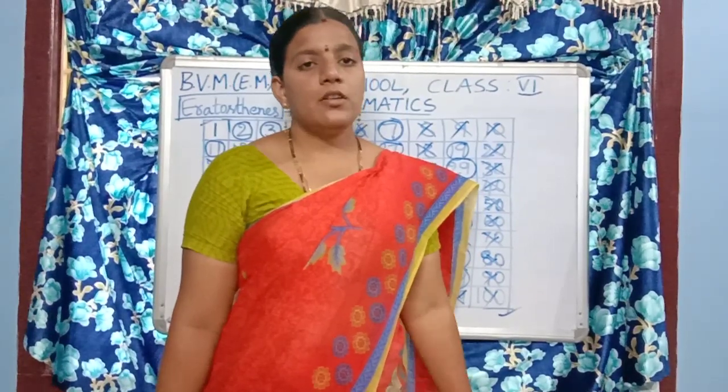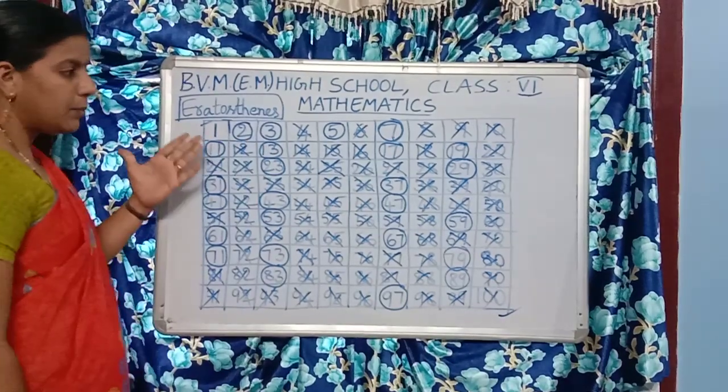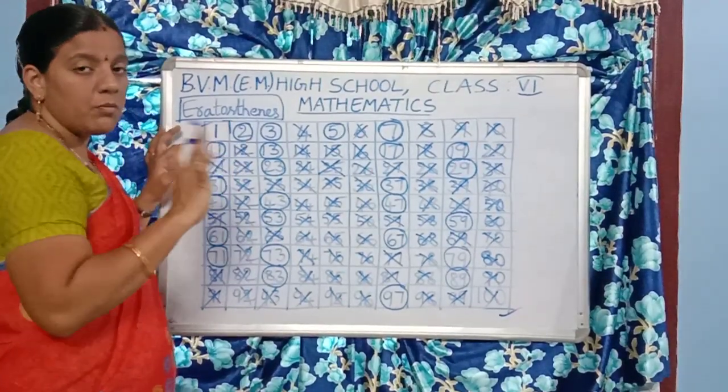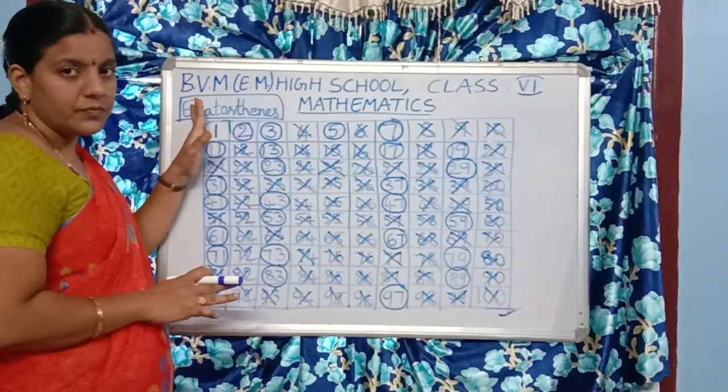Okay, when you cross out all the composite numbers, these are the remaining numbers. 1 is not a prime number, not a composite number. So don't count 1.